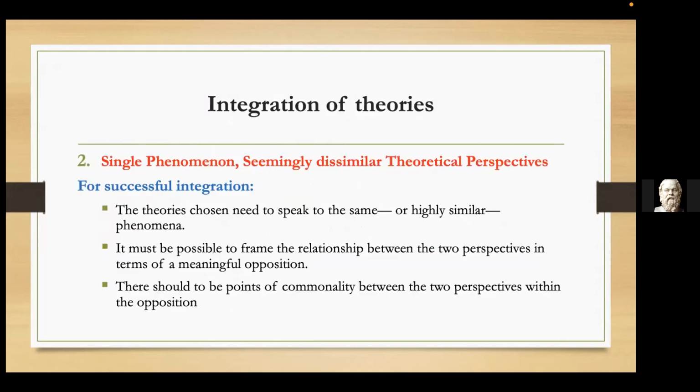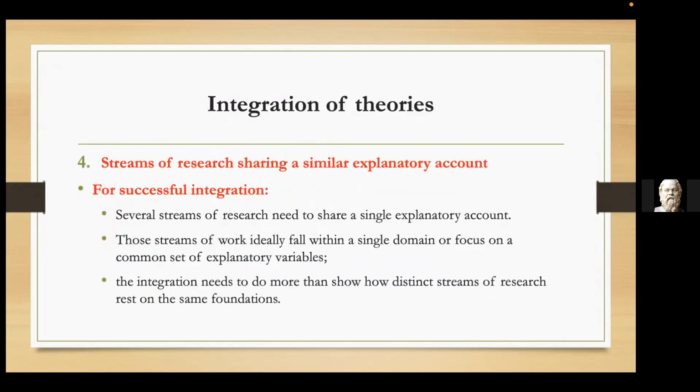The second approach is the one we saw, the third one. Now, the fourth one, I want to retract my statement. On the fourth approach, this involves using two or more streams of research that provide similar explanatory account mechanisms in which a given outcome becomes the outcome. It's similar accounts of how things happen, the processes, the mechanisms.